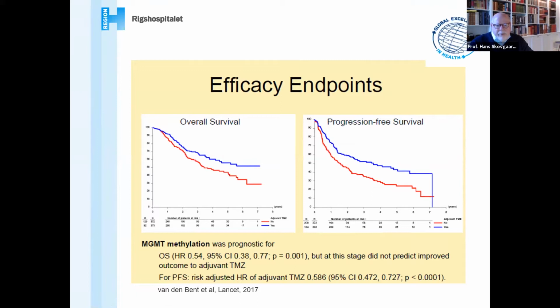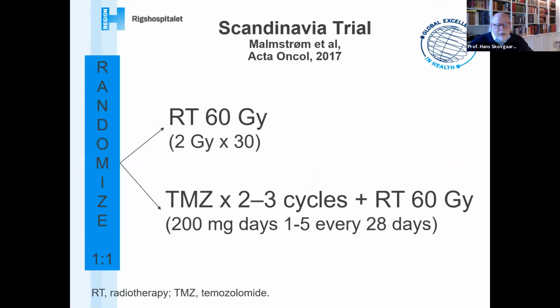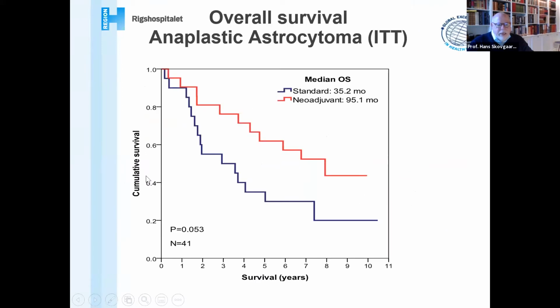This is also confirmed in a Scandinavian study, actually done by myself, where we randomized between radiation alone or 3 cycles of neoadjuvant temozolomide and then radiation. And what you can see here is, when you look at the survival, there is a tremendous difference in median survival if you give them radiation plus temozolomide compared to radiation alone.